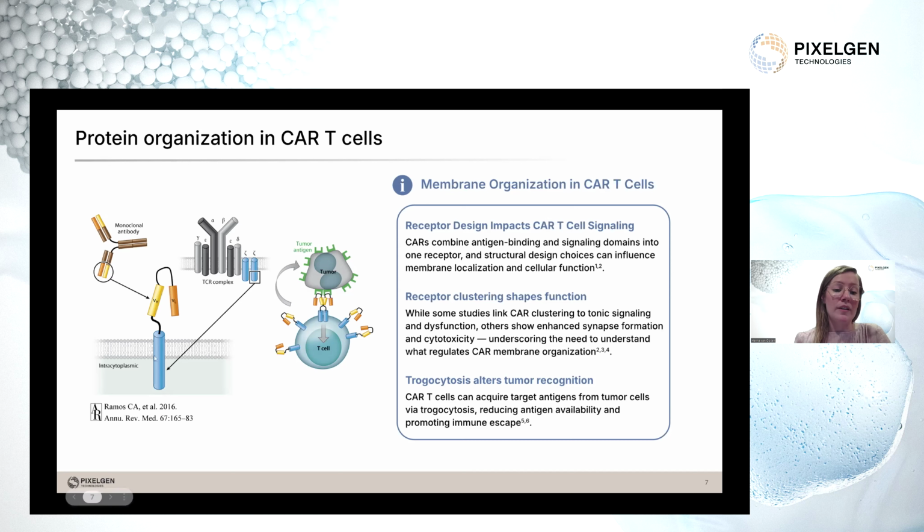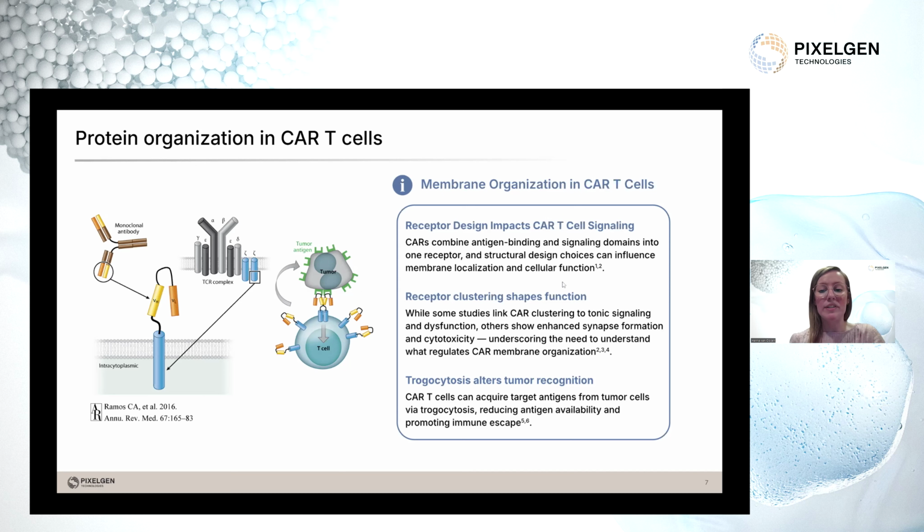It's also common now to try to develop CAR receptors that are less sensitive or that induce less signaling. So although the cells are maybe less functional short term, they manage to keep their functionality and not get exhausted by doing these alterations. However, it's not really completely understood, depending on how you change this membrane domain, what kind of changes you get in signaling and how this actually is affected by organization. There's a lot to learn here.